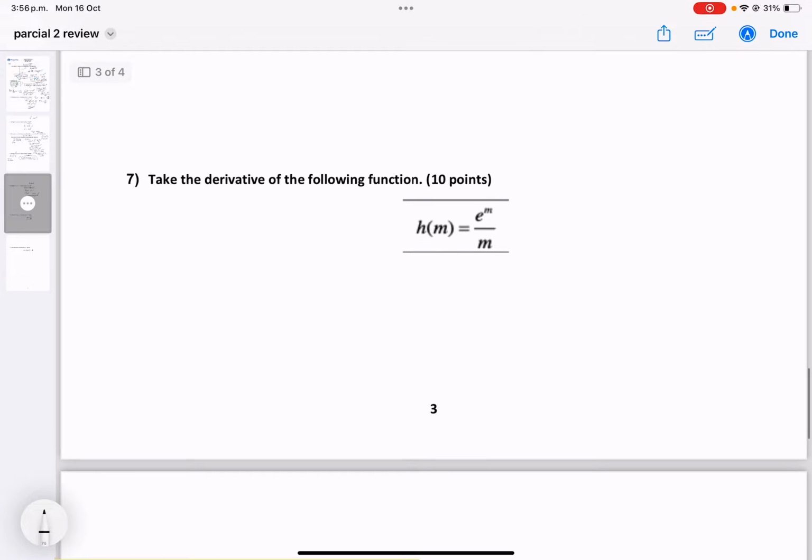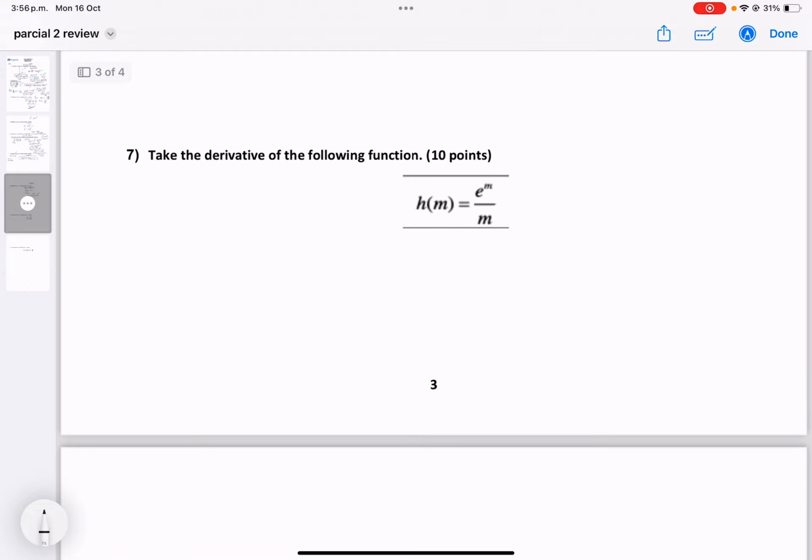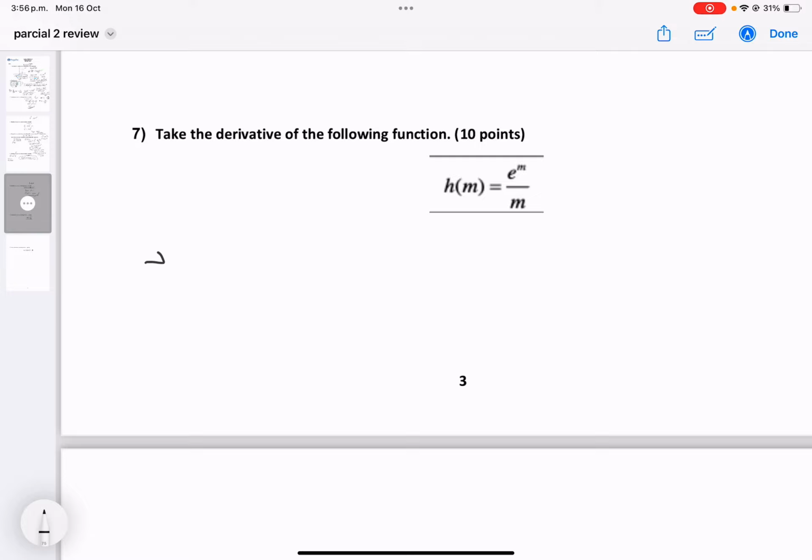Number 7. Take the derivative of the following function. So I have a function e to the m, but I will rewrite this without fractions because I prefer to use the product rule over the quotient rule. So I will rewrite 1 over m as m to the negative 1. It's the same function, just rewritten. And if you remember the product rule, you have u times v prime plus u prime times v.